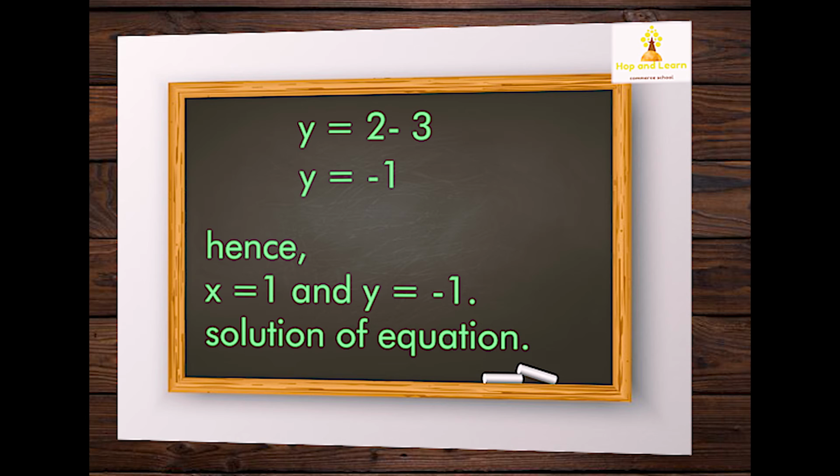So now we have got the value of y as well as value of x by solving equations. Hence now x is equal to 1 and y value is equal to minus 1. So this is the solution of linear equation in two variable with the help of substitution method.